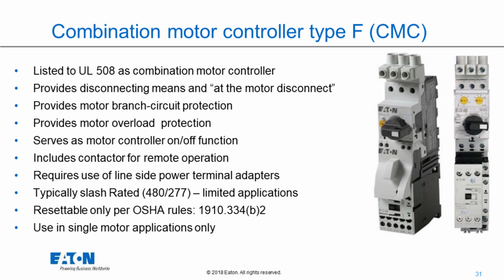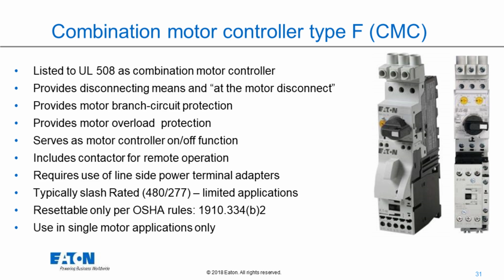Type F, combination motor controller, listed to UL 508, provides disconnecting means and at the motor disconnect, provides motor branch circuit protection, provides motor overload protection, serves as at the motor on-off function, includes contactor for remote operation, contactor underneath it here.